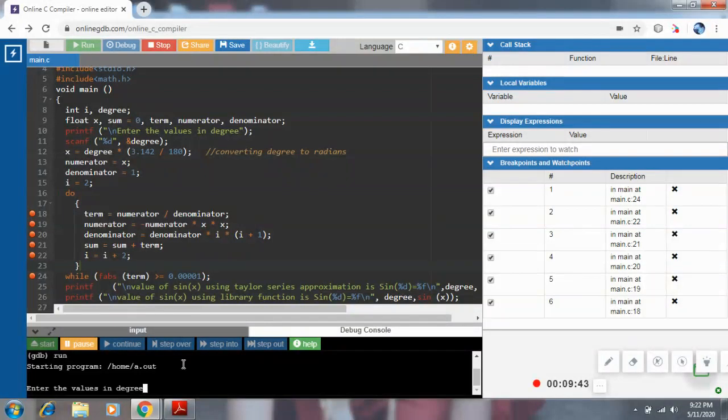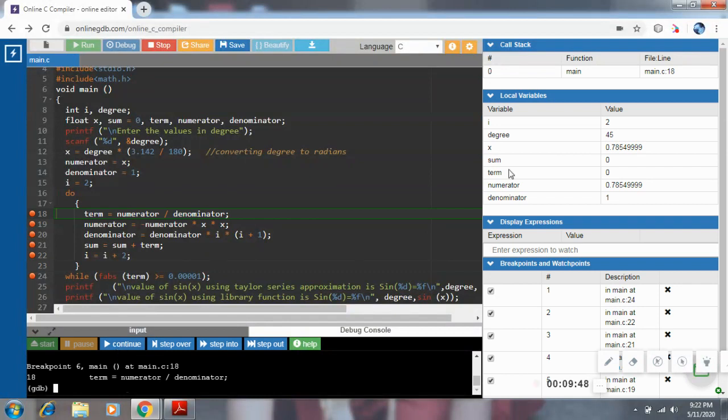Let me give the degree 45. Now the control is in line number 18. By this time, we have i value 2, degree which we have entered is 45, and x, which is the degree 45 converted into radians using the degree into pi by 180 formula, is 0.78549999.